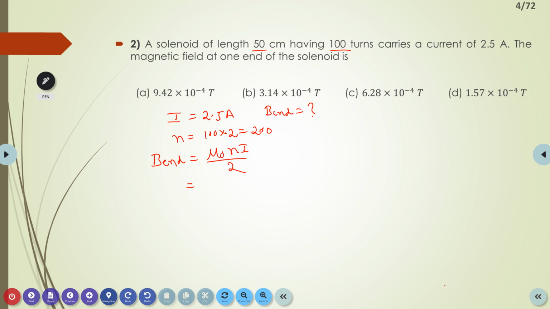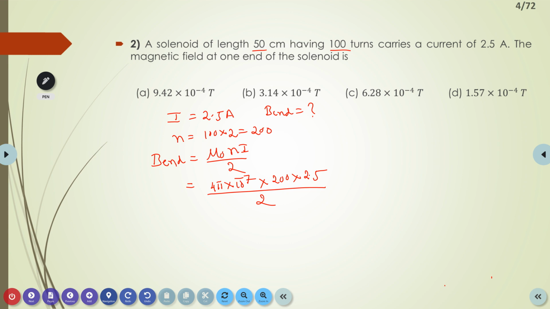2. Substitute. Now mu naught value you have to substitute here. What is the value of mu naught? 4 pi into 10 to the power of minus 7. Look into this, the choices are not in terms of mu naught, so you have to substitute the value of mu naught. 200 into 2.5 divided by 2.